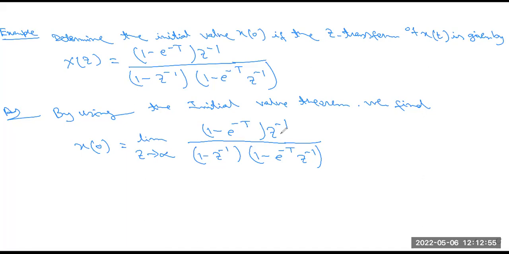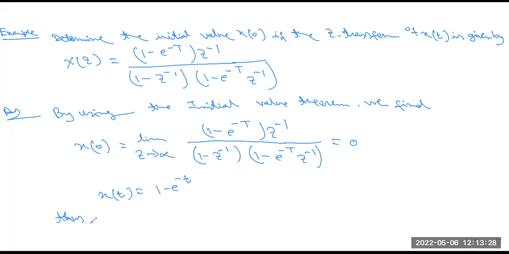So the value also changes, because this is basically an exponential function, e to the power minus T. So the result is 0. Okay, so that is the transformation of the initial value theorem, and x(t) is equal to 1 minus e to the power minus T.